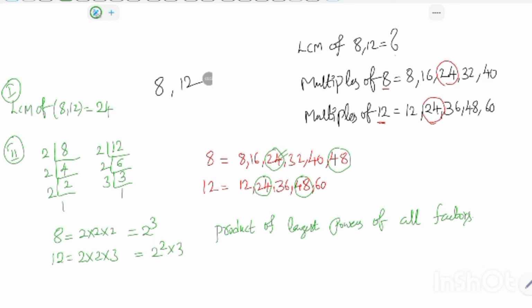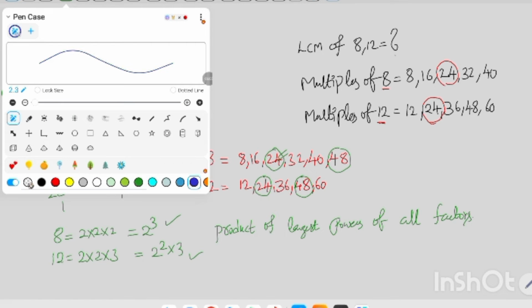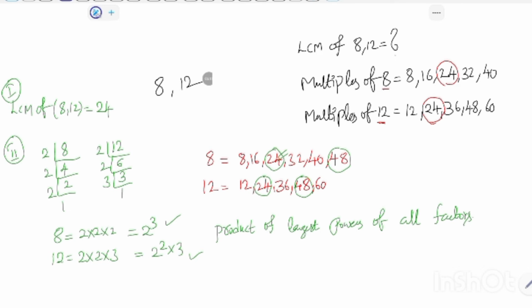Here we selected only prime factors, that's why I'm writing all factors. Therefore, if you see here and here, the power of 2 is the highest.